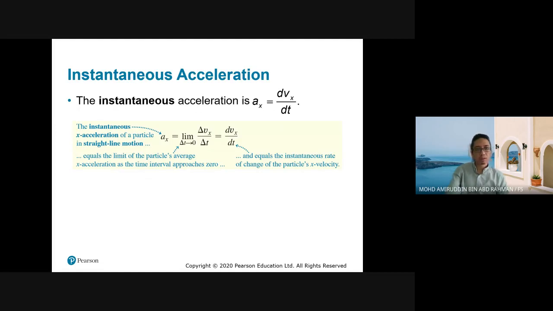Now, you are clear with the concept of average acceleration, so we also have the instantaneous acceleration. As with instantaneous velocity, we have a similar calculation. Here we define the acceleration a_x as dv_x over dt.